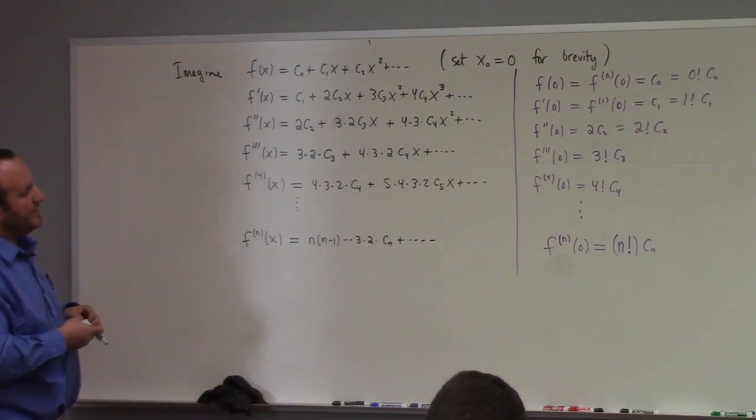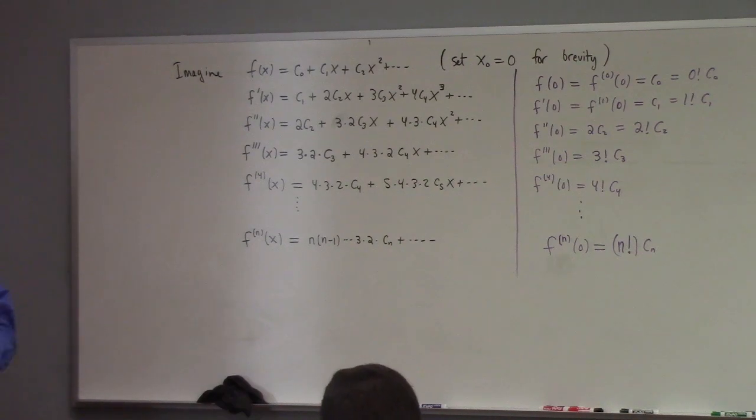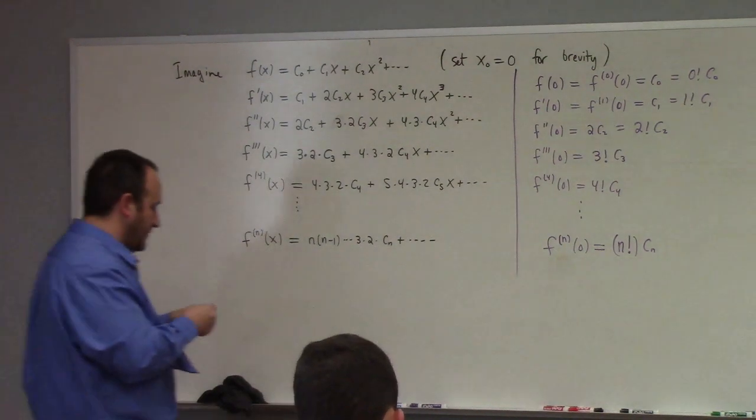Anyway, if the function is given by a power series, it can be differentiated, and there is a connection between the coefficients of the power series and the derivatives of the function and its higher derivatives, evaluated at the center of the series. You see what we have?